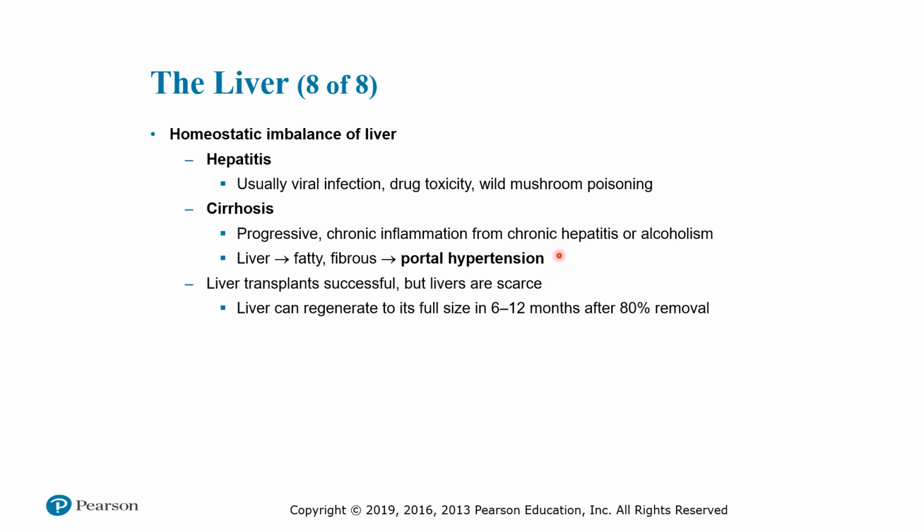Portal hypertension has its own symptoms through which we can detect that this person's liver is going into cirrhosis. Liver transplants are successful, but they are very rare. The liver can regenerate to its full size in 6 to 12 months after 80% removal. This is a very interesting fact about the liver.